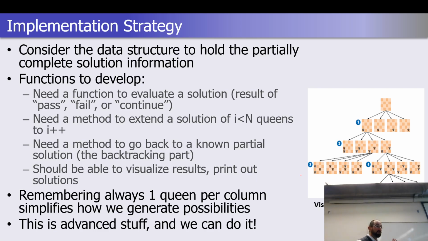We need a way to do the actual backtracking part, and that's where the recursion is going to make that relatively straightforward for us, which is we've tried a solution, it's no longer good, we cannot place the third queen, we have to go back to the second queen. By just returning from a recursive function call, we will essentially be effectively there, and we probably need to have some way to visualize the results to show that we have a working placement at the end of the day.